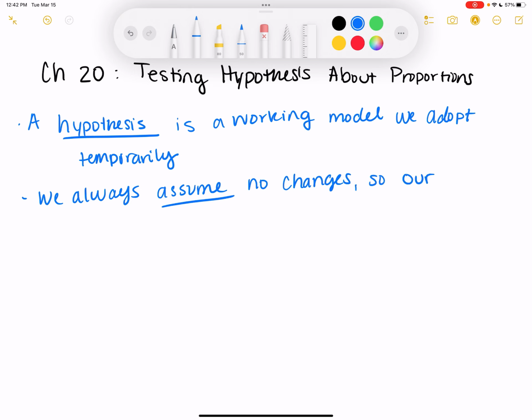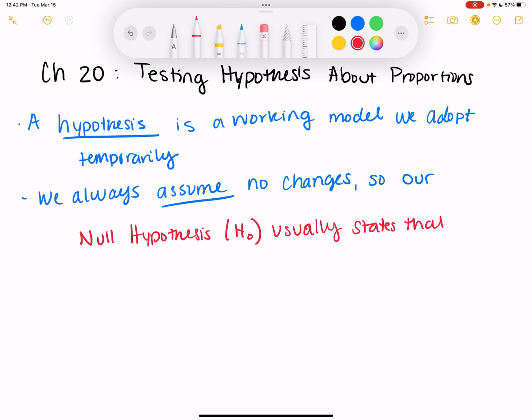So, our null hypothesis, which is H sub 0, usually states that there is no change or effect.